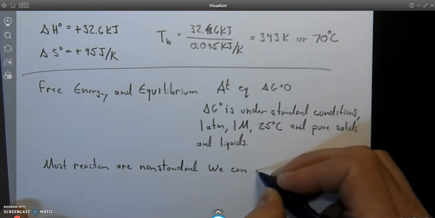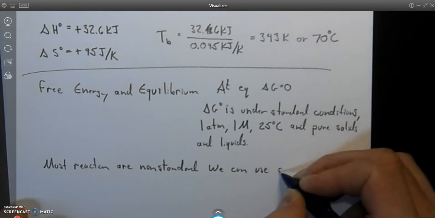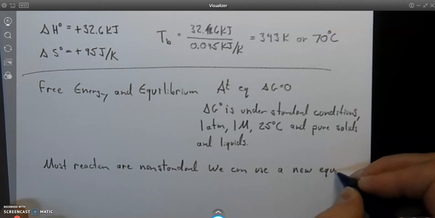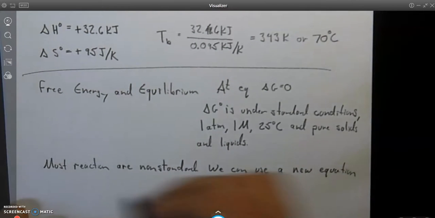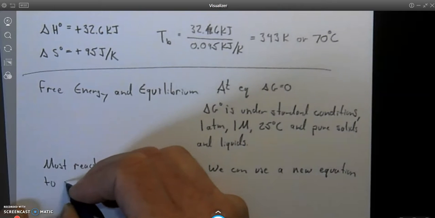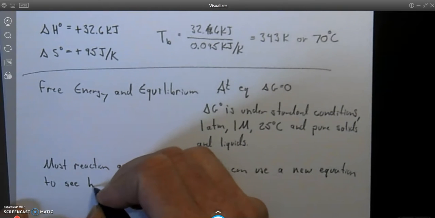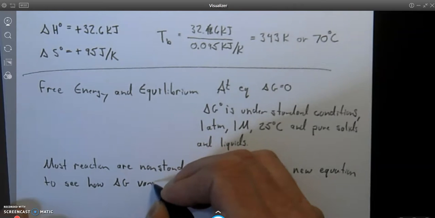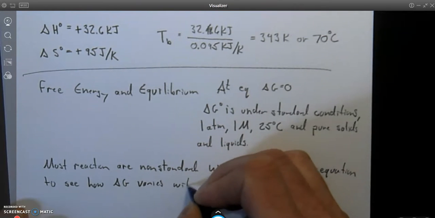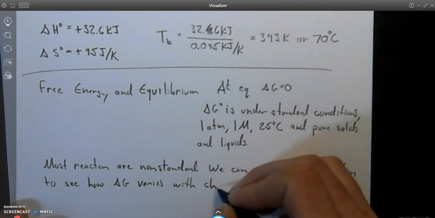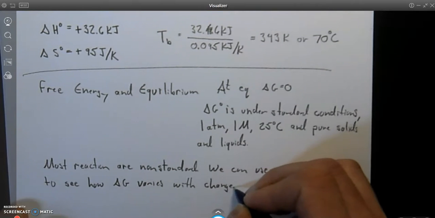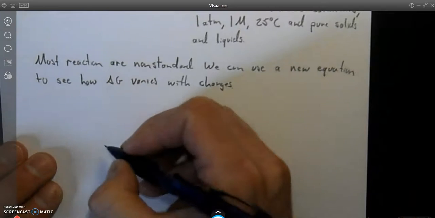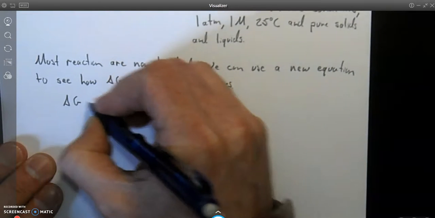We can use a new equation to see how delta G varies with these changes from non-standard. And that equation is delta G under non-standard conditions.